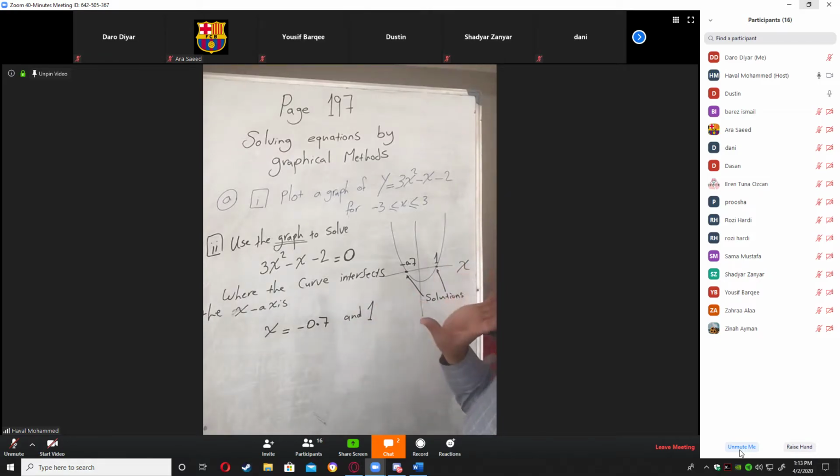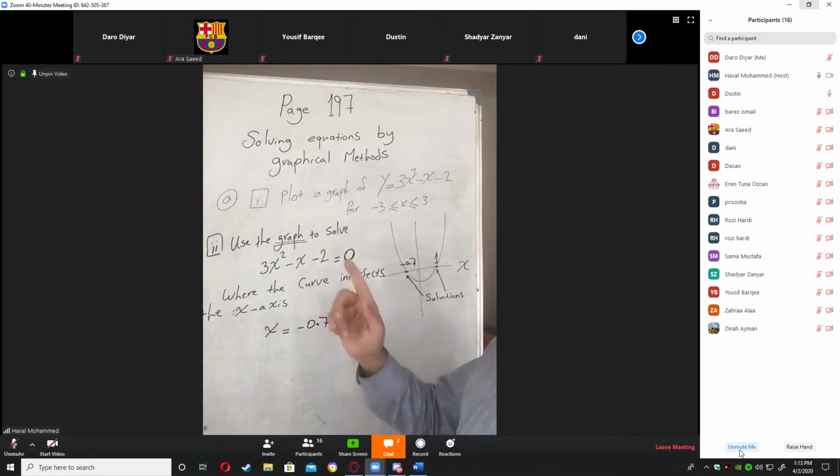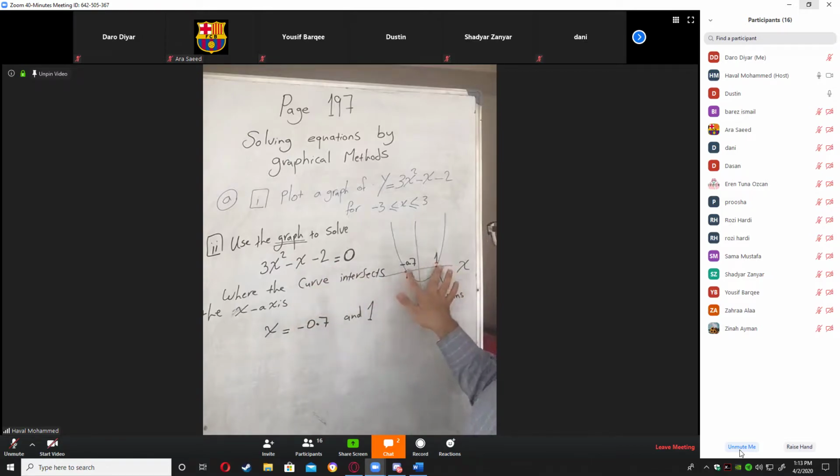Then this is the rule. When we have the graph of any equation, if they ask you to find the solution from the graph, you need to find at what point your curve or your straight line is going through the x-axis. Then those points will be the solution for the equation.